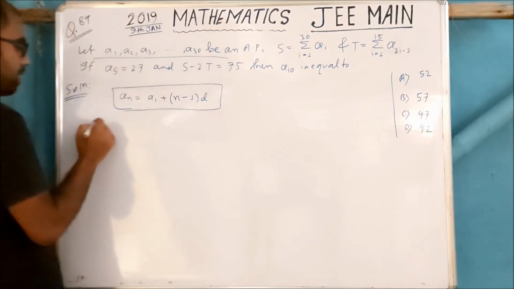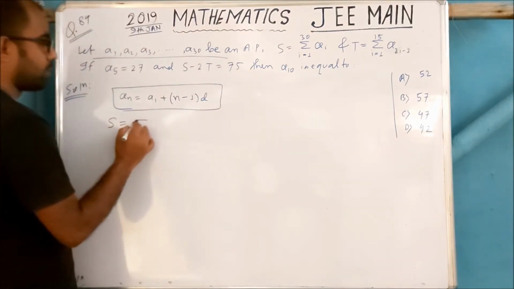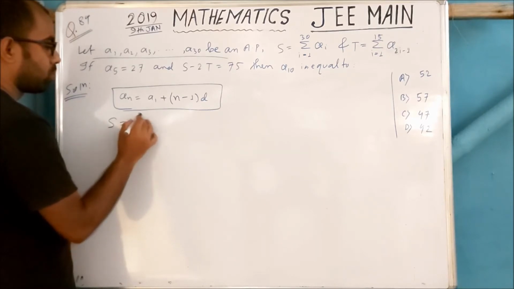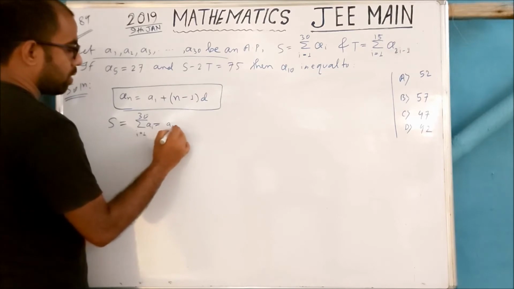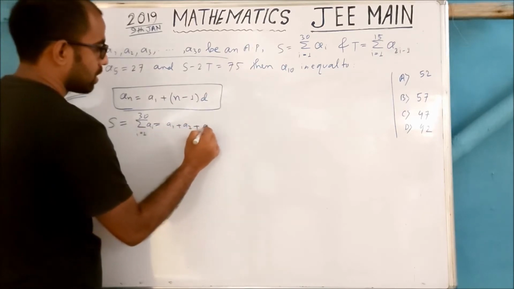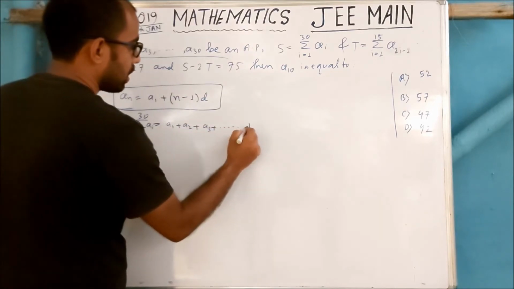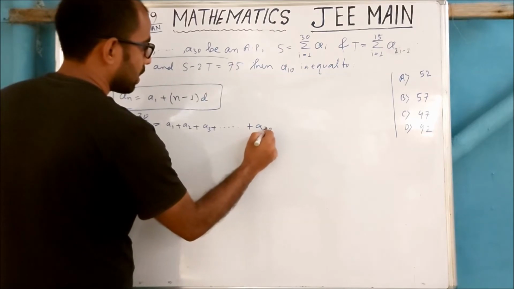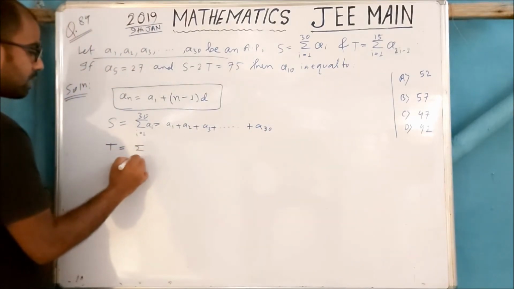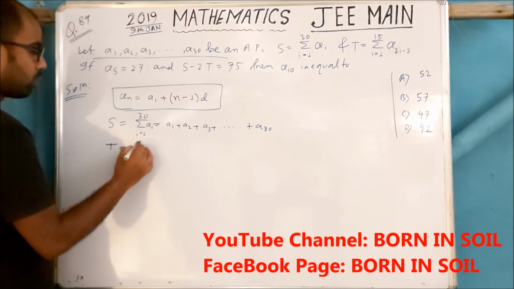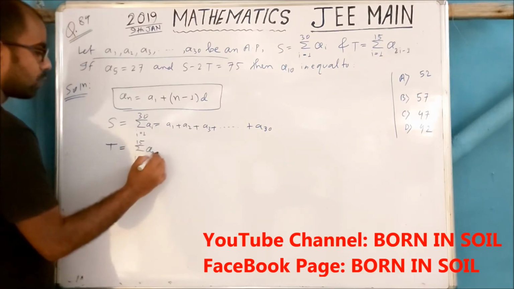Now given S equal to summation i equal to 1 to 30, so A1 plus A2 plus A3 up to A30. Again T equal to summation i equal to 1 to 15 of A(2i minus 1).